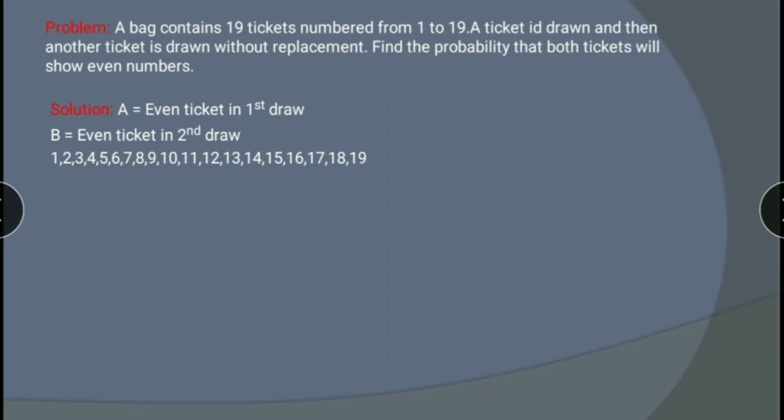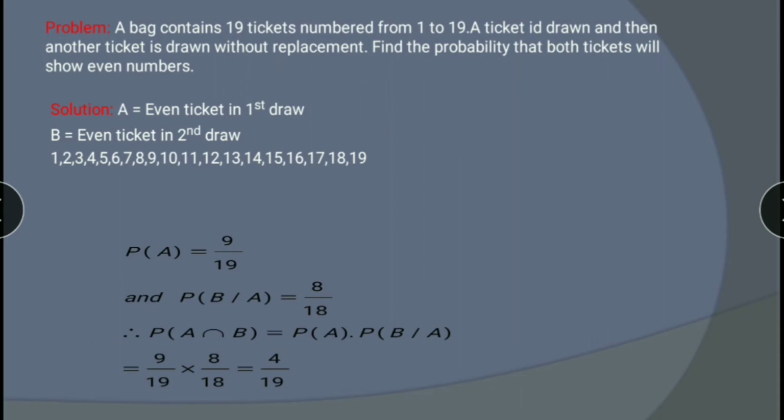So what will be the probability of A, even ticket in the first draw? It will be 9 upon 19, because from these 19 numbers we will be taking 9 out. What will be the probability of B given A? Because this is without replacement, once the ticket is taken out we are not placing it back. So total number of tickets will reduce to 18.